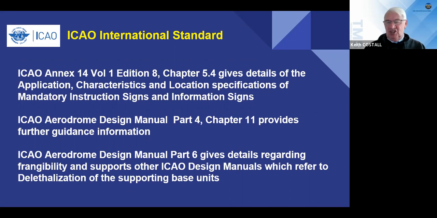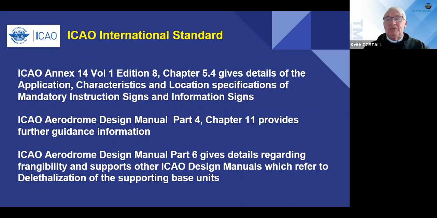It has changed its name over the years, from the visual aids panel to the visual aids working group, etc. But it's a panel made up of specialists from various nations, and they look at and assess the standards. So the standard out of the International Civil Aviation Organization for guidance signs is Annex 14, Annex 14 Volume 1, currently at Edition 8.